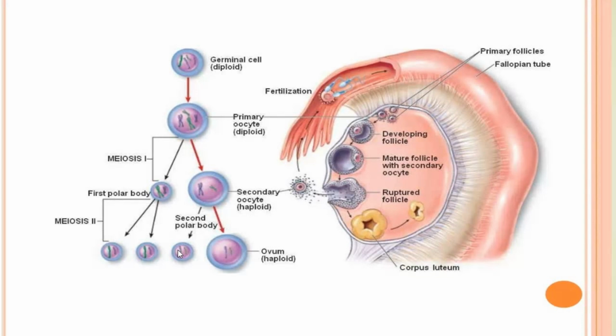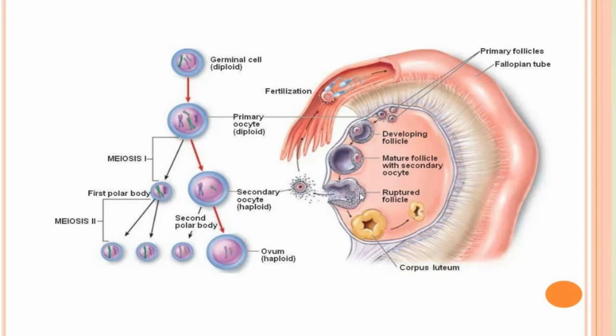Polar bodies are non-functional. At the same time that the secondary oocyte was entering meiosis 2, the first polar body will also enter meiosis 2 and will produce 2 polar bodies. So in total, at the end of oogenesis, 3 polar bodies are formed.